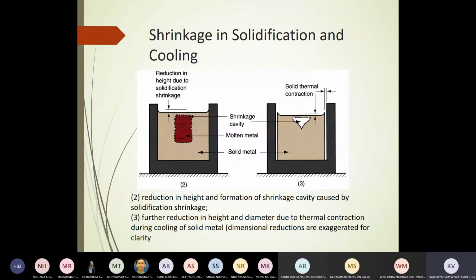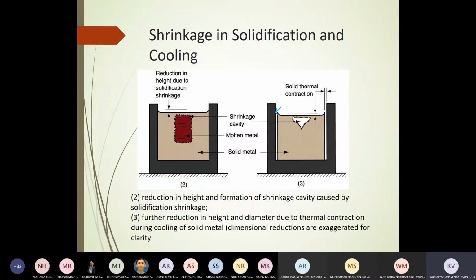So the reduction in height and formation of shrinkage cavity caused by the solidification shrinkage. So when you have a shrinkage cavity that forms inside, you have your molten metal and your solid metal, then further reduction in height and diameter due to thermal contraction during cooling of the solid metal. Dimensional reductions, these are exaggerated again. So you're not going to get this kind of reductions.